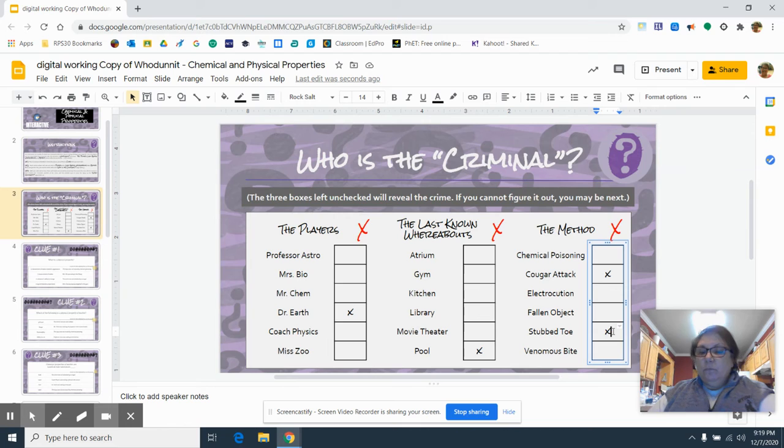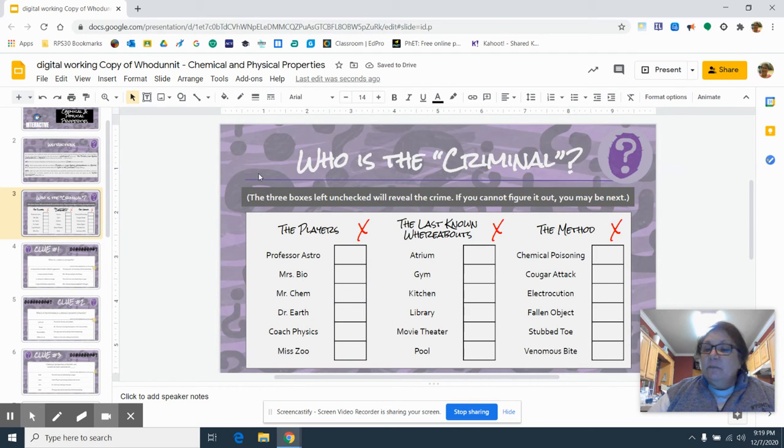So when you get done with that, you will have a whodunnit. And if you want to, you can share out with the person you're sitting next to. Hey, what did you get? How do you know? Have a conversation. This is going to be worth 15 points.